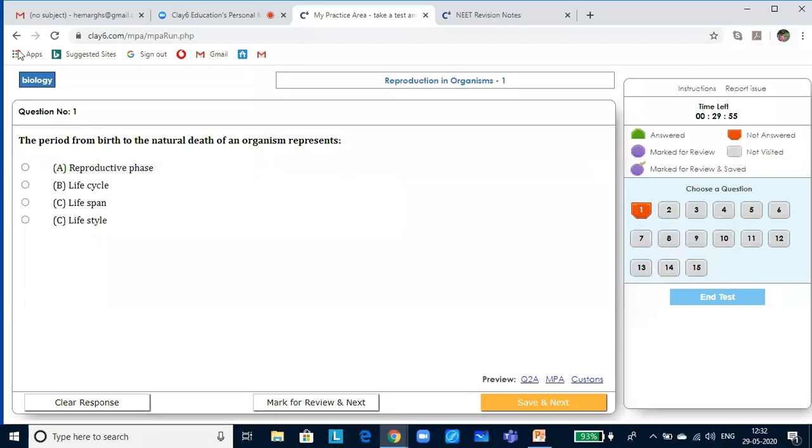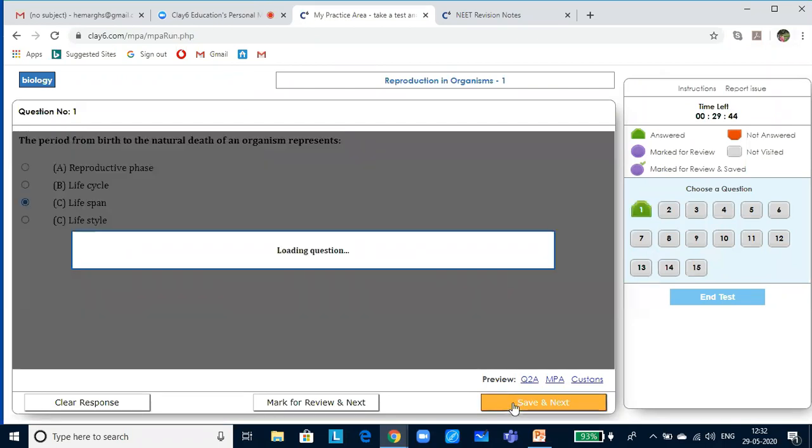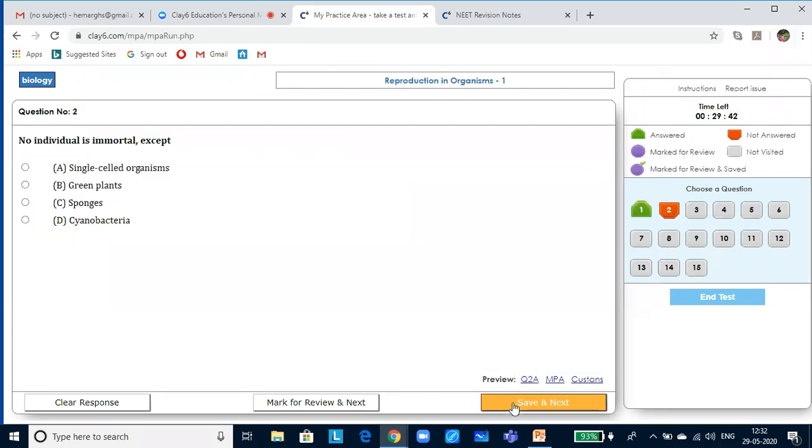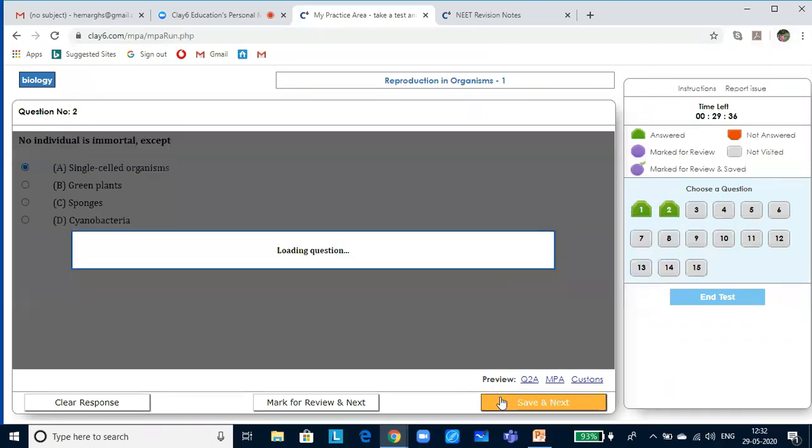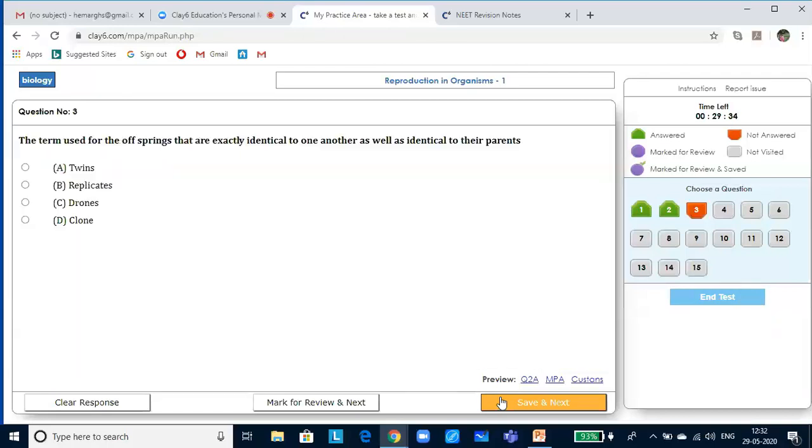The period from birth to the natural death of an organism represents lifespan. No individual is immortal except single-celled organisms. The term used for the offsprings that are exactly identical to one another as well as identical to their parents, we call them clones.